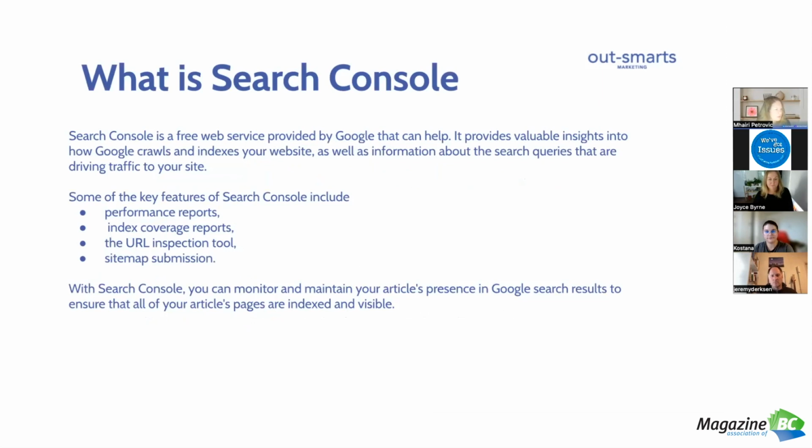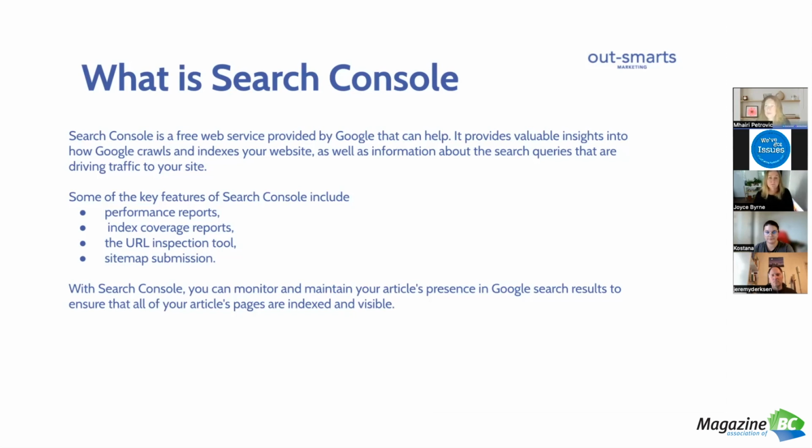Search Console allows us to understand how our site is performing. We can get access to performance reports. It allows us to determine some of the technical factors to see if there are any technical errors, crawl errors, or indexing coverage issues with your site. It allows you to inspect your URL.